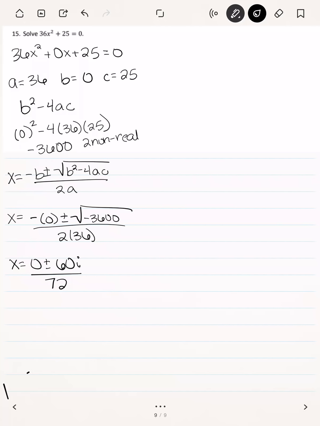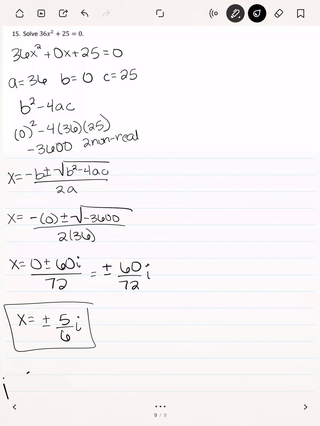Well, if I add or subtract 0, it's just going to be plus or minus, so I'm going to have plus or minus 60i over 72. I need to simplify that fraction. Okay, 12 goes into both numbers, so I'm going to simplify everything by 12. So I get x equals plus or minus 5i over 6. This is my solution.